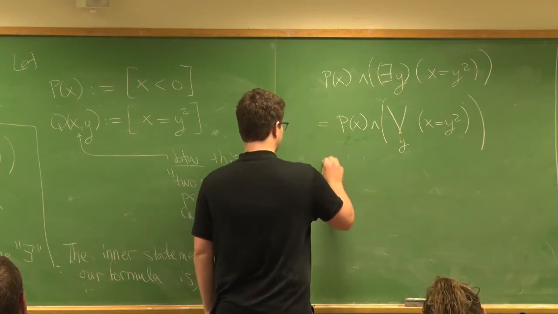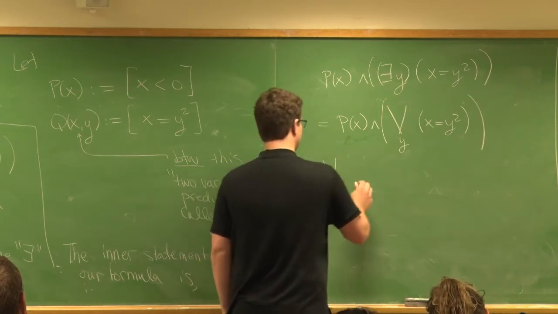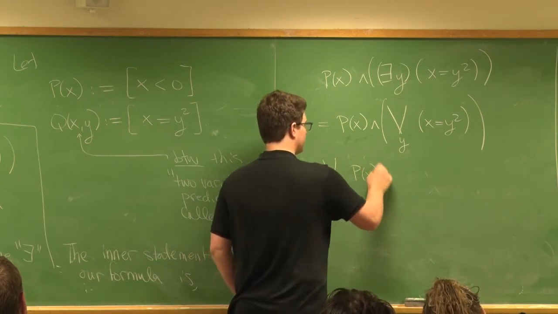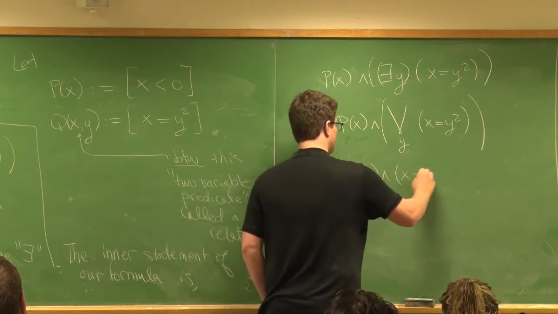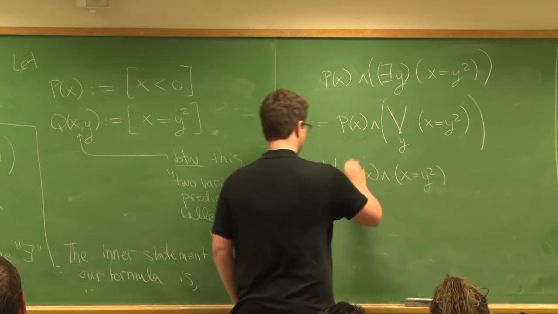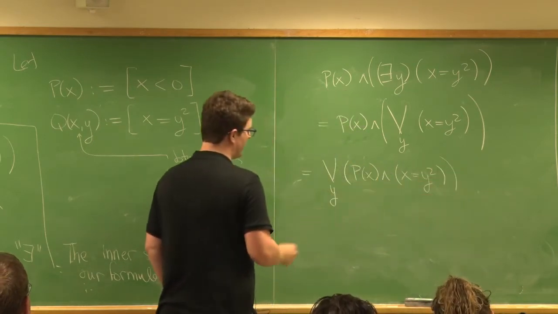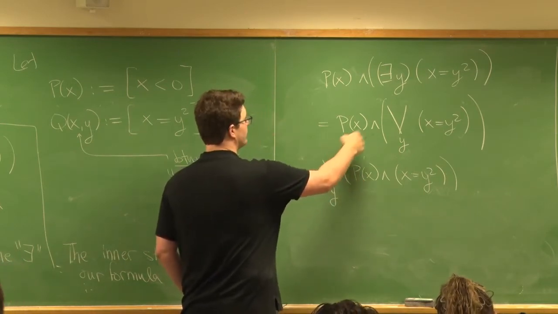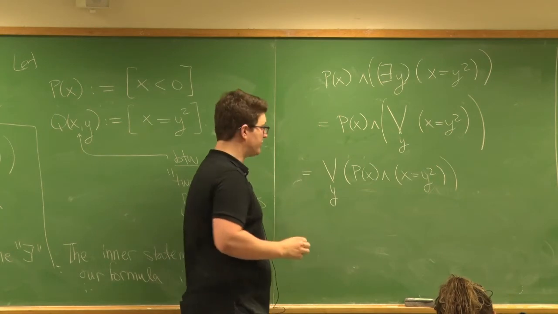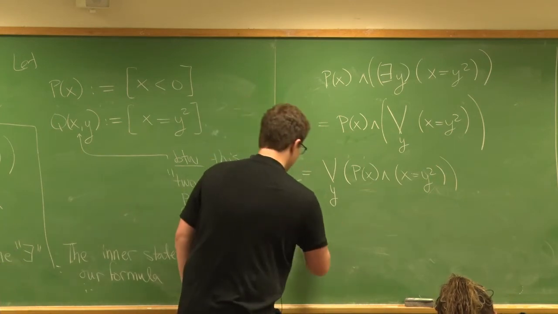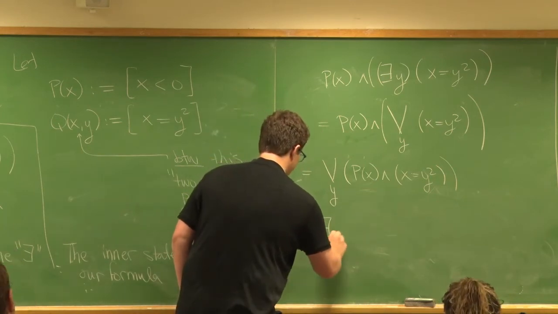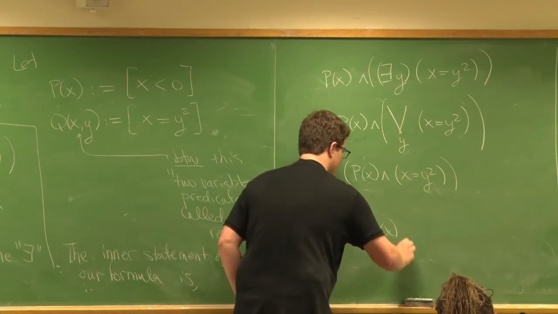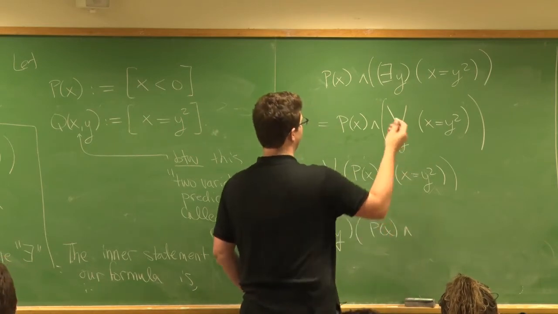So this thing is the same thing as the big OR over y of p of x and x is equal to y squared. Or, in the other notation, from here to here is where I use the distributive rule. So there's a distributive rule over these quantifiers. And this is the same thing as saying that there exists a y such that p of x and, oh, sorry, I forgot to do q of xy.